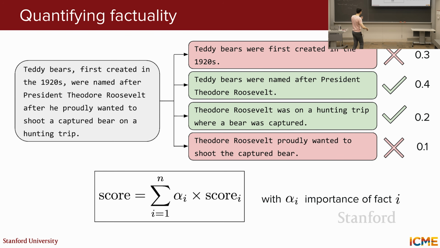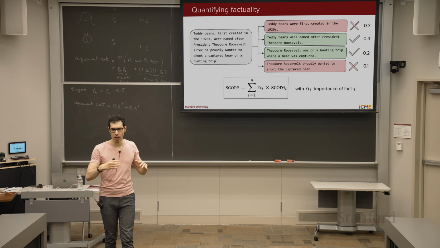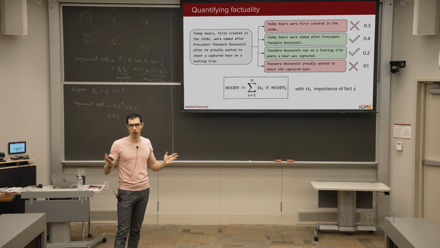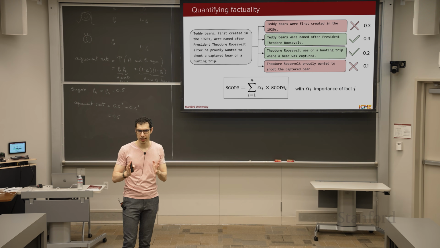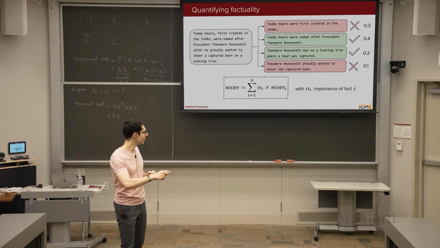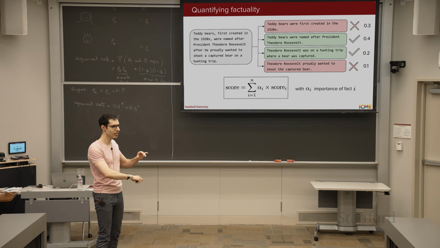People would use something like this formula, which is an aggregation over all the facts with some weight that quantifies the importance of each fact. These weights, alpha i, can all be equal to one another if you want to make it simpler. It's not necessarily the case that these must be different, but it's something you can tweak.